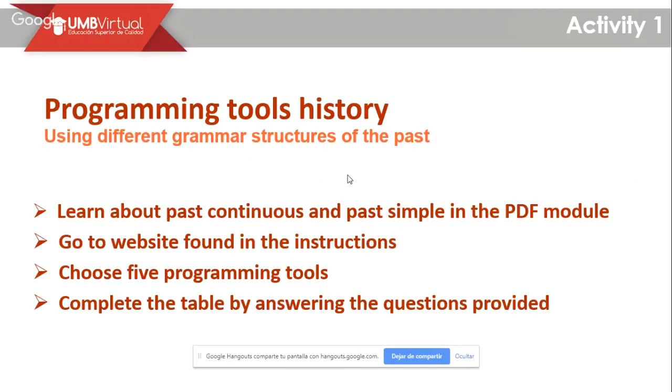Remember, this is very important that you study the material in the PDF module to be able to do this task. There in the instructions, you will find a website where you will read about programming tools. There I want you to choose 5 programming tools, and I want you to complete the table that's provided in the activity by answering the questions provided.